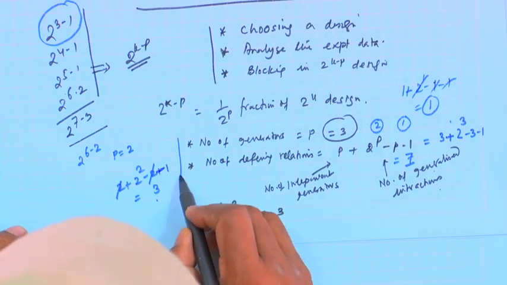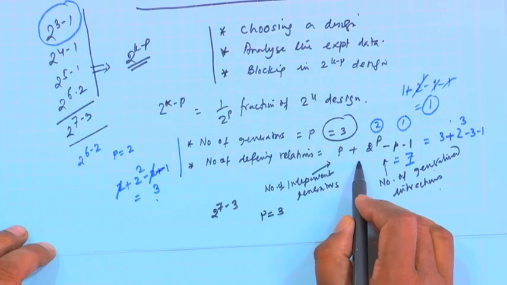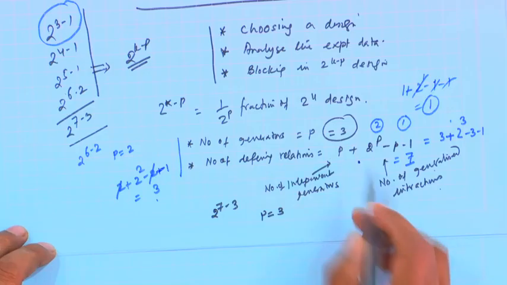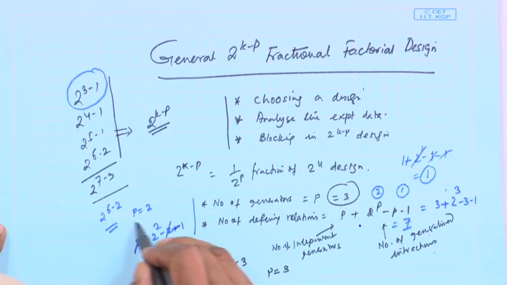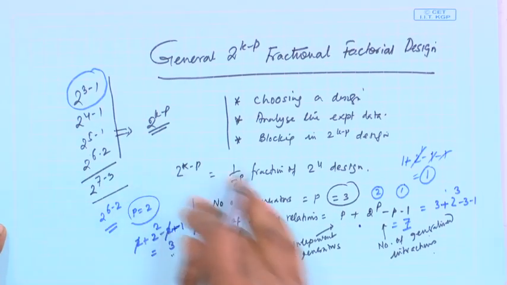So, what is the number of generators and the number of defining relations. Now, depending on the situations, depending on the p value fraction, there will be different generators.